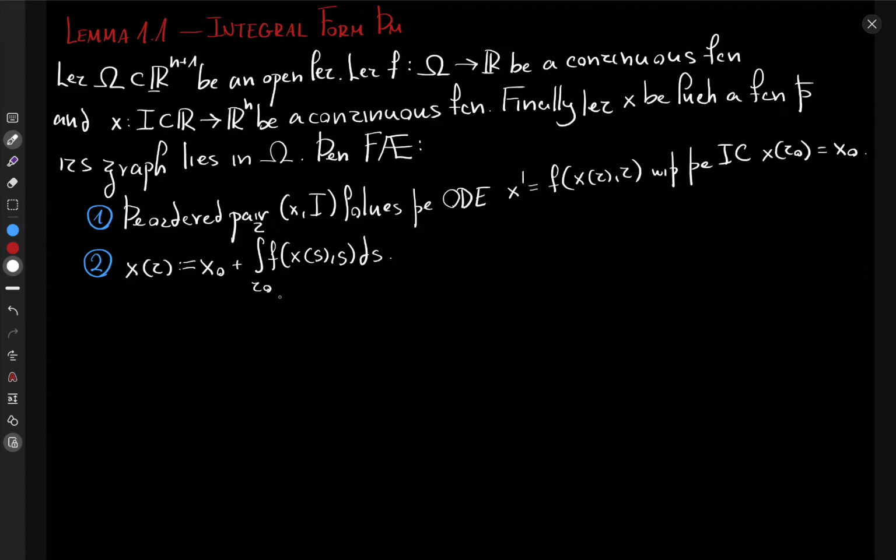So it's some integral function. And this is true for all t in I. So essentially, the ordered pair solves the differential equation if and only if it has this form with the given initial condition. Otherwise, there will be infinitely many solutions. Now, proof.